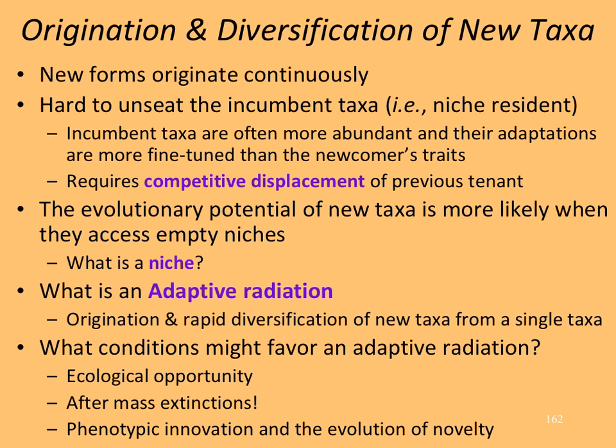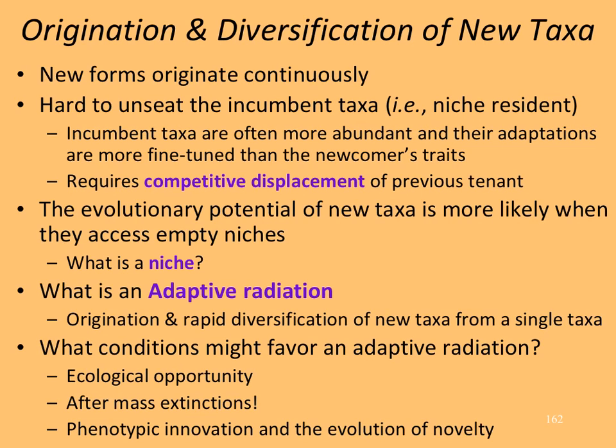Now, an adaptive radiation, you have, let's say, one species, and it proliferates into a whole bunch of different species. Lots and lots, like the Drosophila, the fruit flies in Hawaii. There's over 500. They started with one species. Now, normally, it's hard for speciation to happen because there's incumbent taxa.